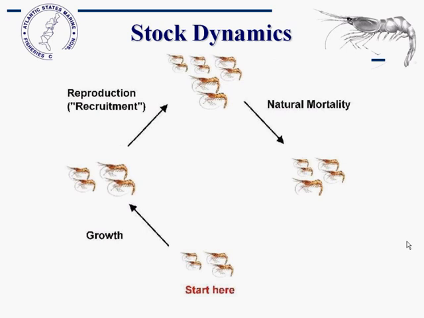And then there are some things that are going to happen to the shrimp throughout the year that cause the stock to decrease. One of those, and a big one for shrimp, is natural mortality, just death from natural causes. For shrimp, that's mostly predation. They're eaten, like Jessica said, by just about everything. And we think that natural mortality probably happens mostly when they're really small. And then again, when the 5-year-old females have hatched off their eggs, they go through a molt, and they don't seem to survive that very well.